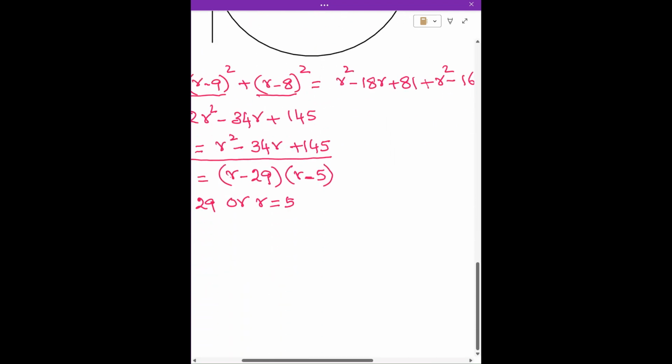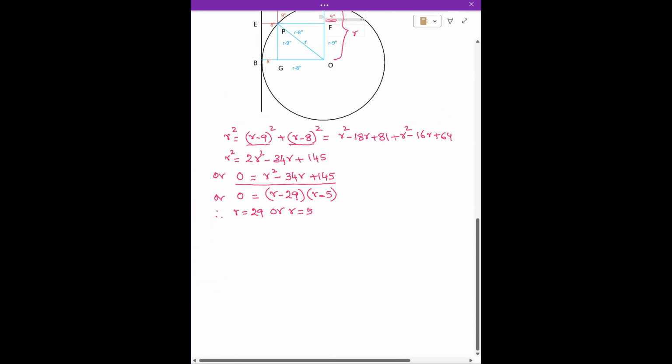So R cannot be 5, and this is an extraneous solution. Therefore, R is equal to 29 is the only possible answer.